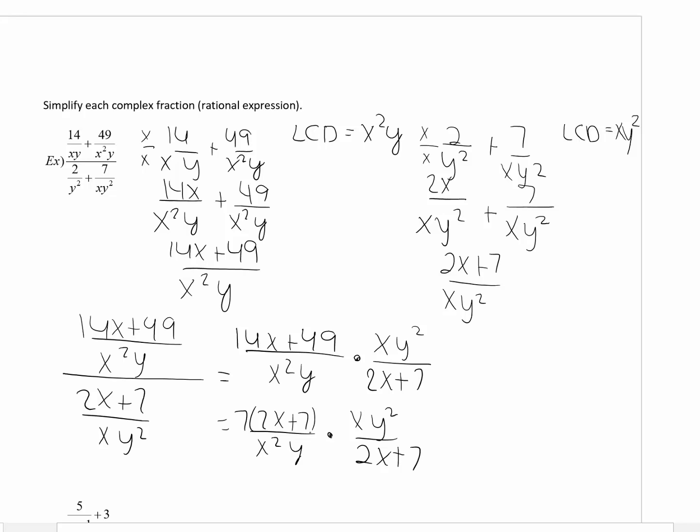All right, so I can divide out the factor 2x plus 7. I can divide out x to the first and a y to the first. So that leaves me on the top with 7 times 1 times 1 times y, that's 7y. On the bottom, x times 1, that is x. So now that complex fraction is simplified.